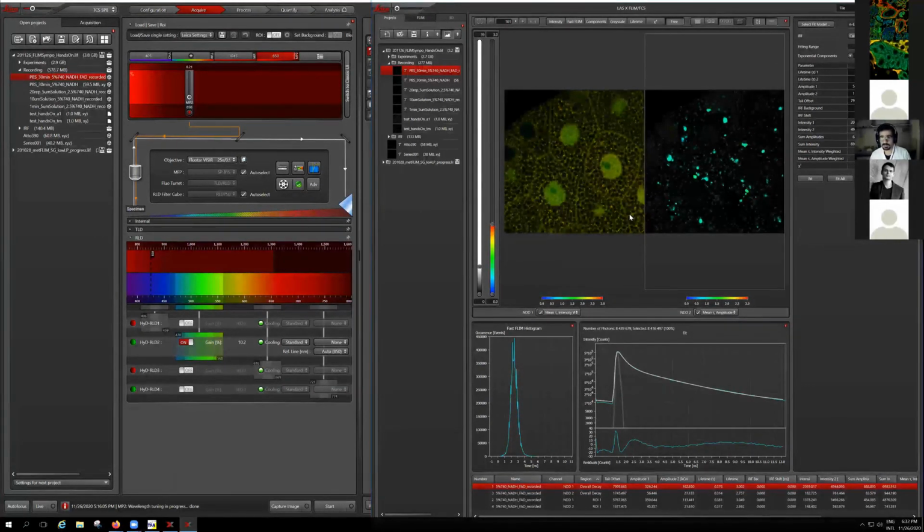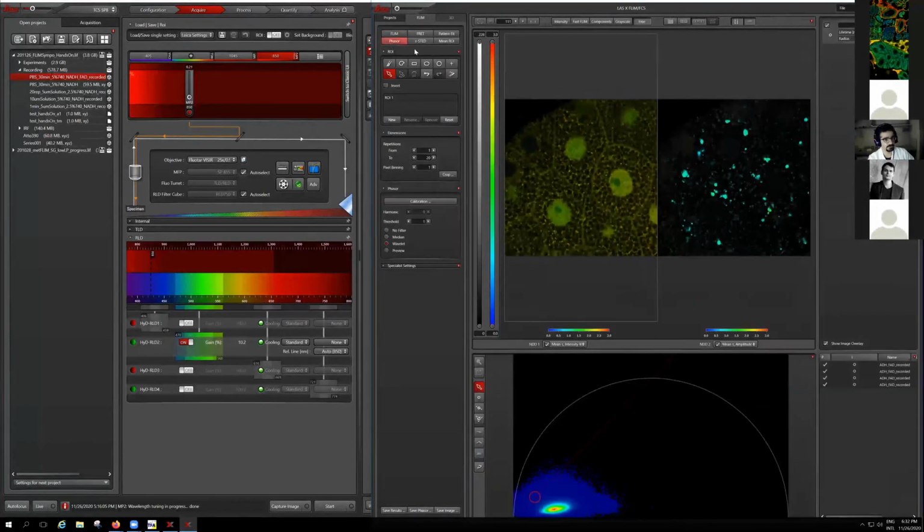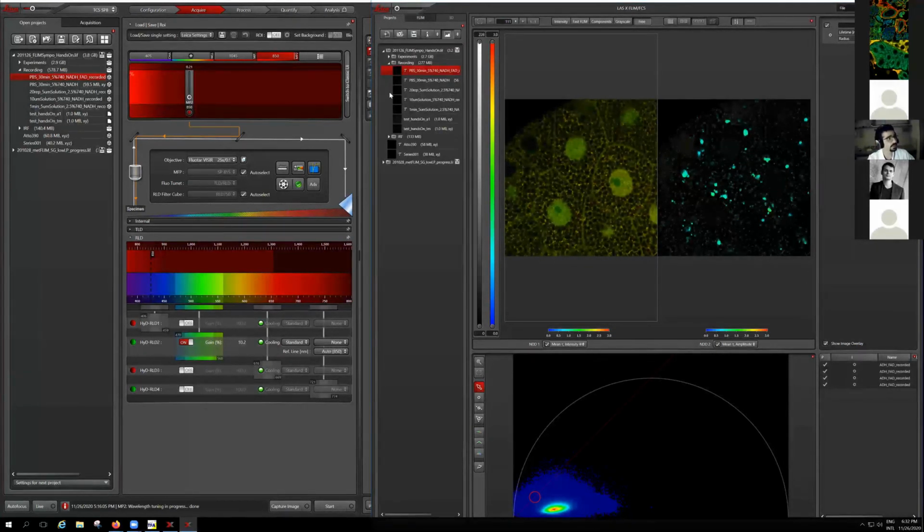And we export this data and use it for further analysis that has been done using R. It's also possible to export every single image, so A1, A2, and mean lifetime, and use Fiji for some analysis. So from here, actually, Mariana wanted to see how the phasor would look.